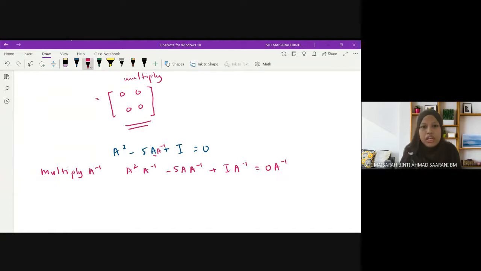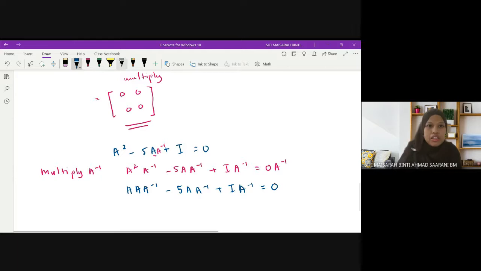A squared minus 5A plus I, multiplied by A inverse, equals 0 times A inverse. Okay, for this first one, this is A inverse minus 5A A inverse plus I A inverse equals 0 times A inverse, which becomes the zero matrix.